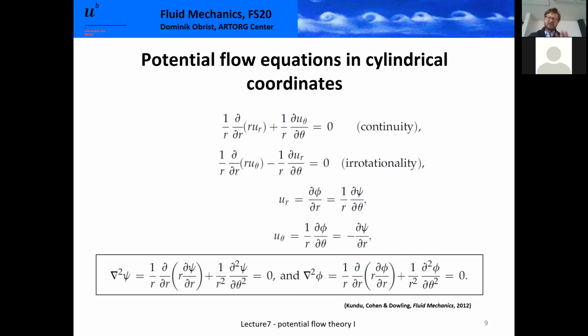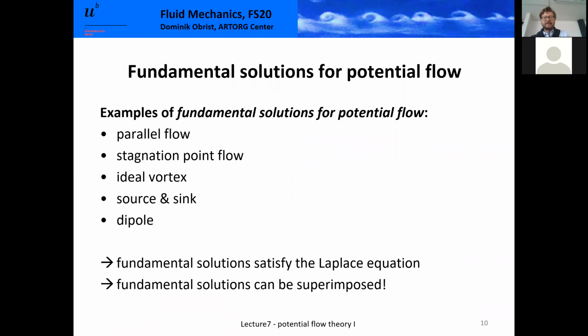We had this slide just to give us the operators in polar coordinates. And then we started looking at fundamental solutions. So instead of solving this Laplace equation for one particular flow field, for one particular object, we just looked at general solutions or fundamental solutions as they're called. We introduced a parallel flow.